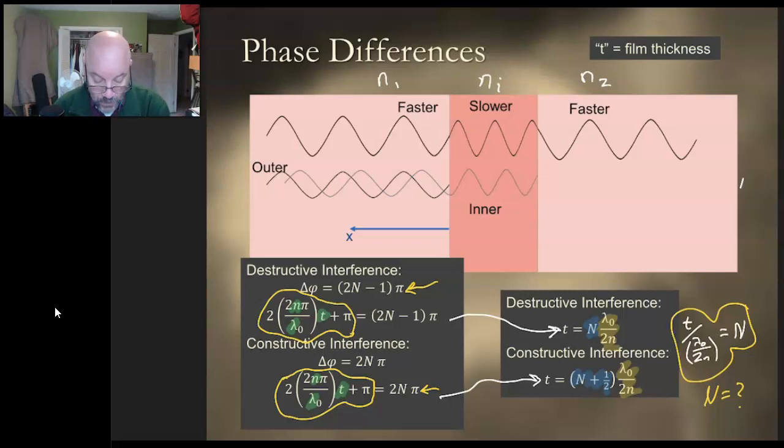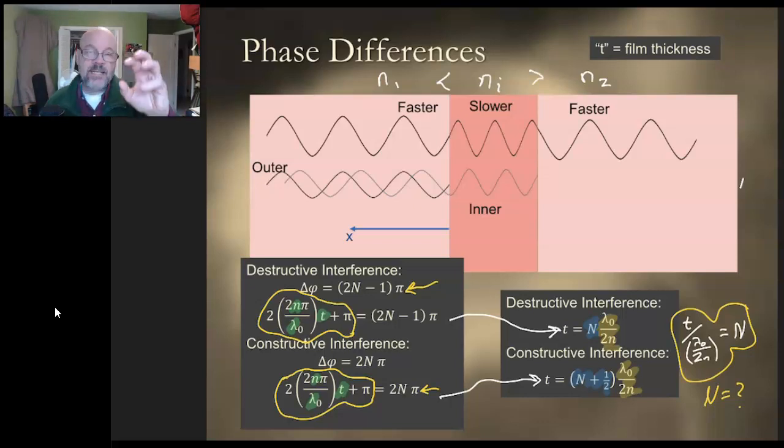So on the outside, that N value is less than the inside, than the layer. But then on side 2, that N value is also smaller.